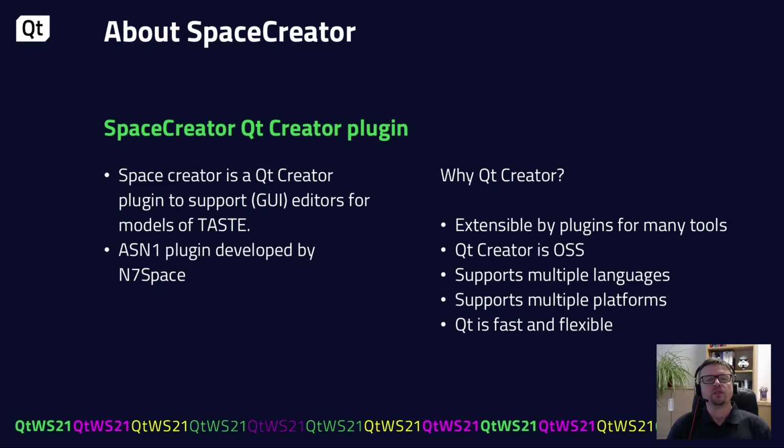Speaking about the graphical editors, there is SpaceCreator. SpaceCreator is a plugin for QtCreator, and it is one QtCreator plugin that has multiple graphical editors to edit those models as described by TASTE and to trigger code generations, and it is used as the main shell around the tools.